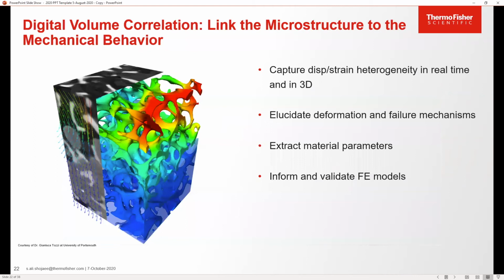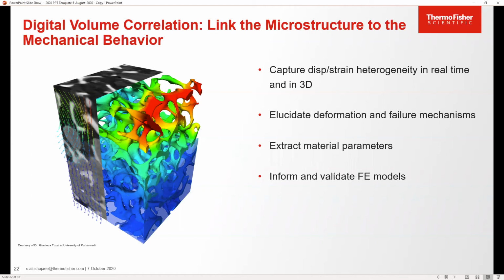Hopefully I'm not going too fast, but we're going to touch on one of the most interesting applications of the Avizo software, which is something that we call digital volume correlation. If you have a 3D image of your sample before and after deformation, just with those two images, you can track the deformation that is happening.